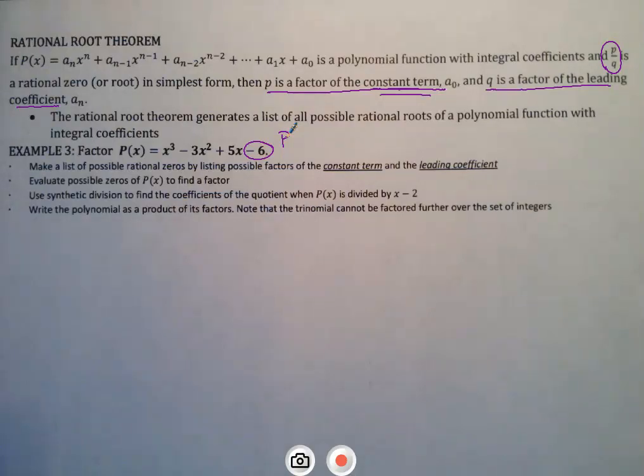So why doesn't it say p is the constant term instead of saying p is a factor of the constant term? Because the constant term is technically a sub 0. Which is the constant term. But 6. But p is the constant term. Right. It is true. So this doesn't make any sense.